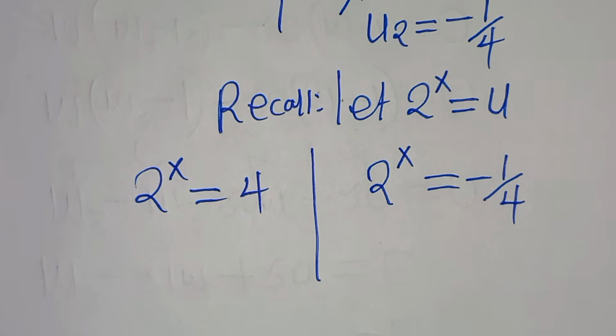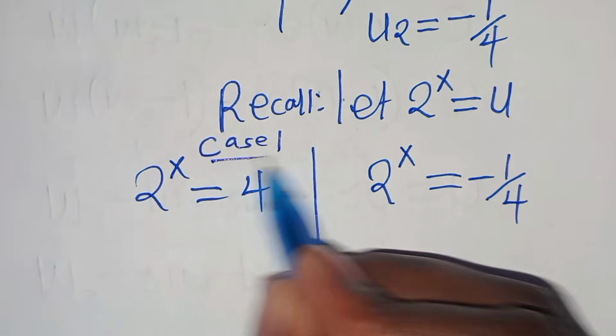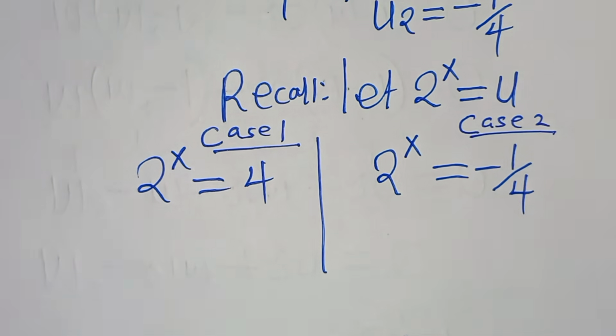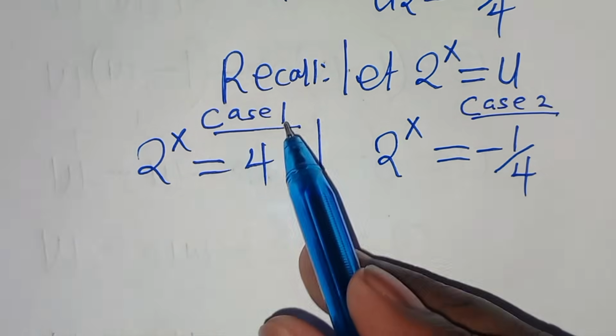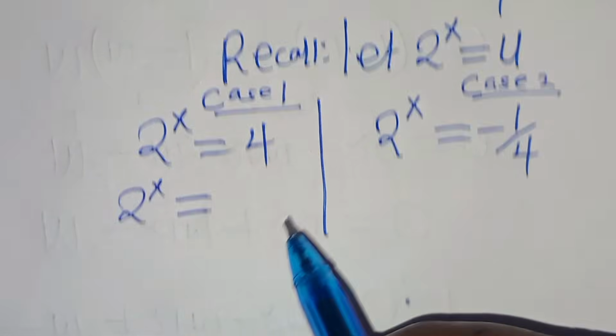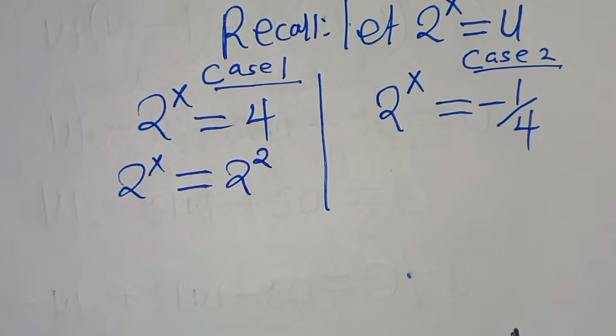From the first case, we can call this case 1, and this is case 2. Now, from case 1, we have 2 to the power of x equal to 4. We can express 4 as 2 to the power of 2.